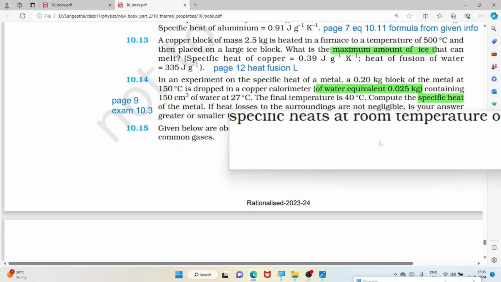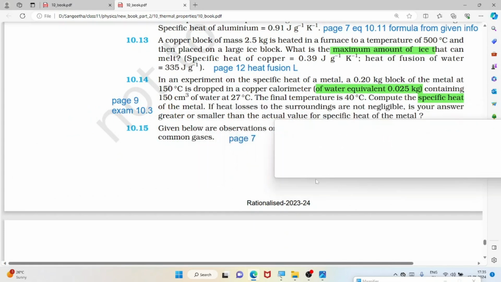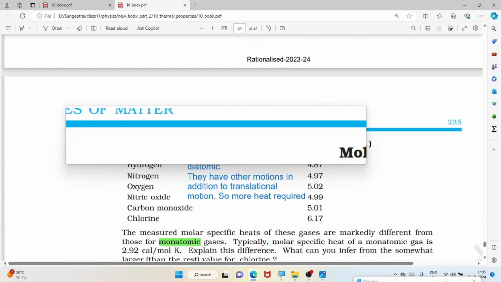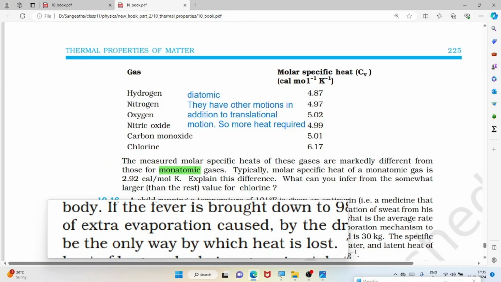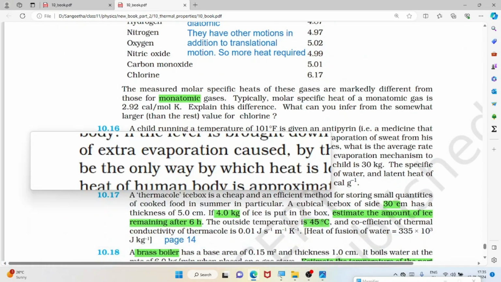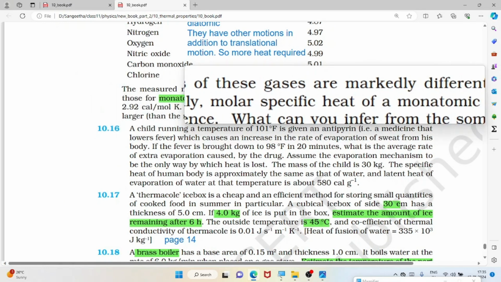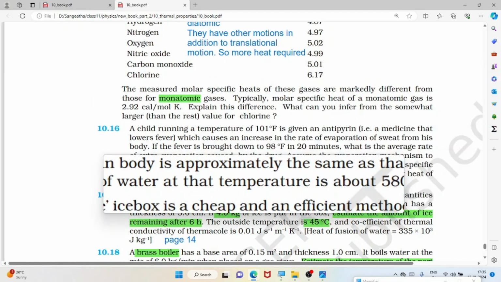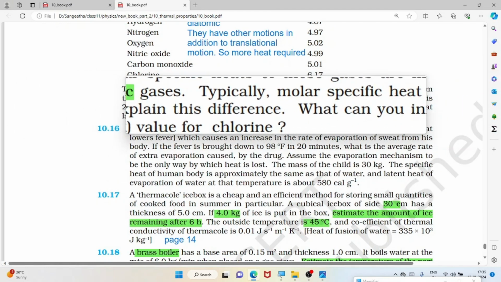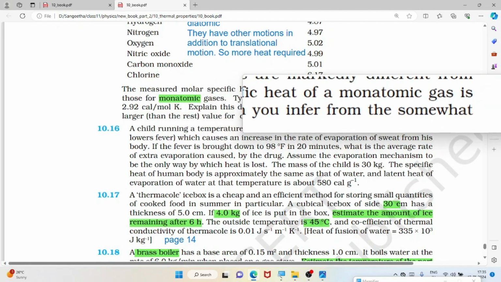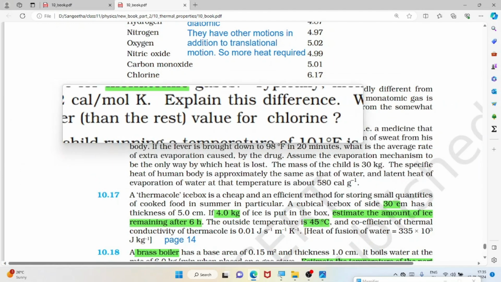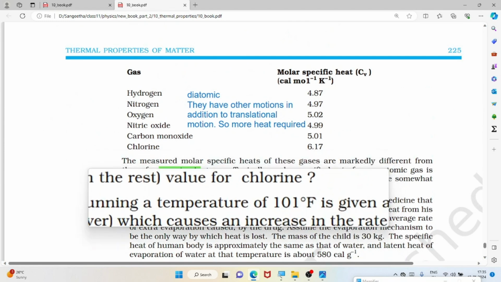Given below are the observations of molar specific heats at room temperature of some common gases. Okay, so the measured molar heats of these gases are markedly different from the monatomic gases. Typically, the molar specific heat of a monatomic gas is in this range. Explain the difference. These gases are diatomic gases. They have other motions in addition to the translational motion.